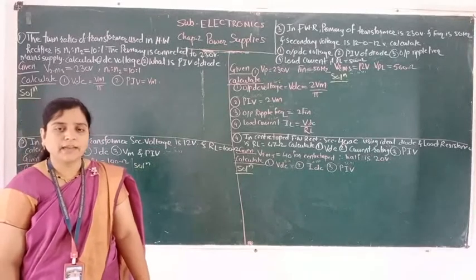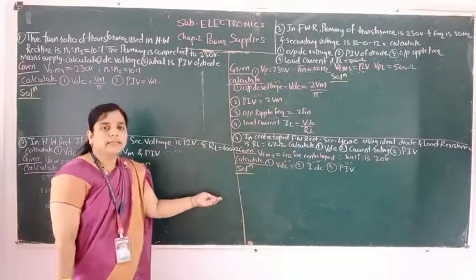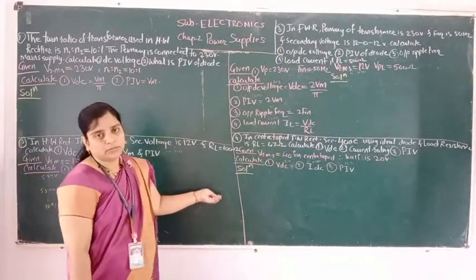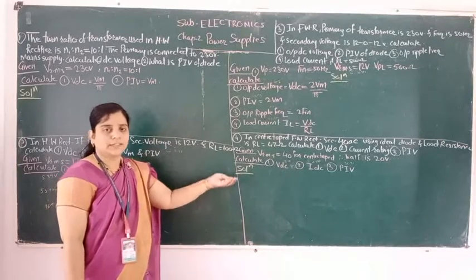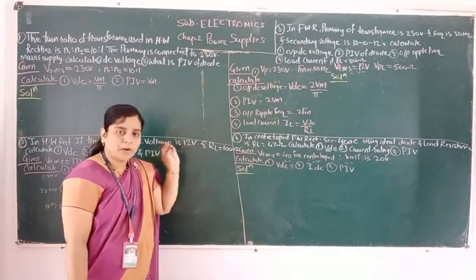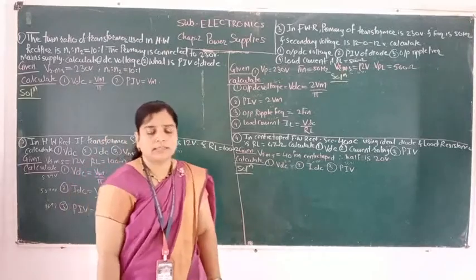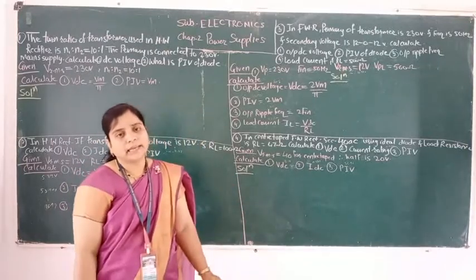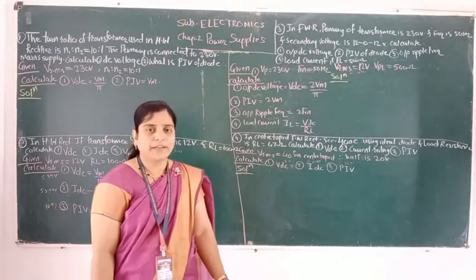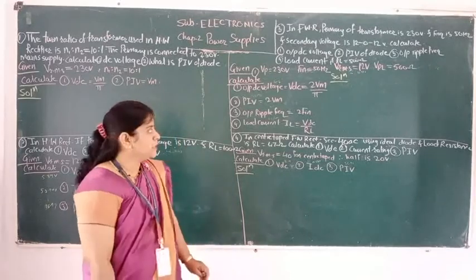So what is a rectifier? A rectifier is nothing but when AC current is converted into DC current, or AC voltage is converted into DC voltage, or AC power is converted into DC power, it is called a rectifier. There are three types of rectifiers: half wave rectifier, full wave rectifier and bridge rectifier.